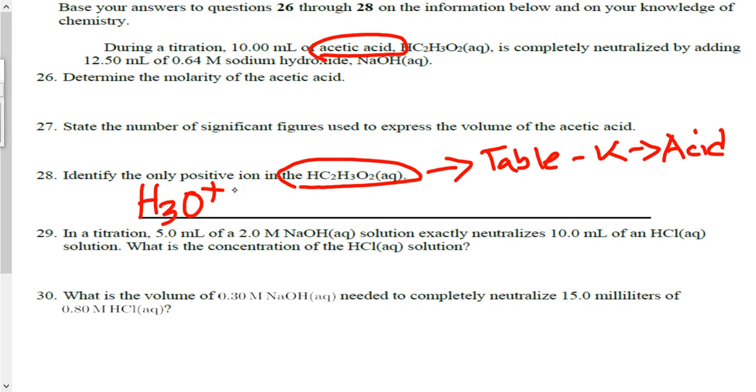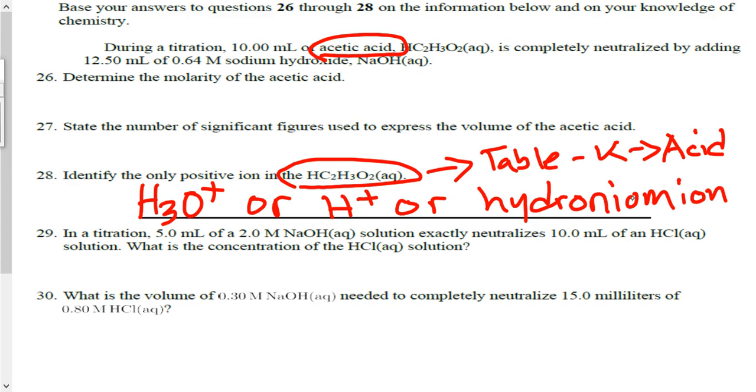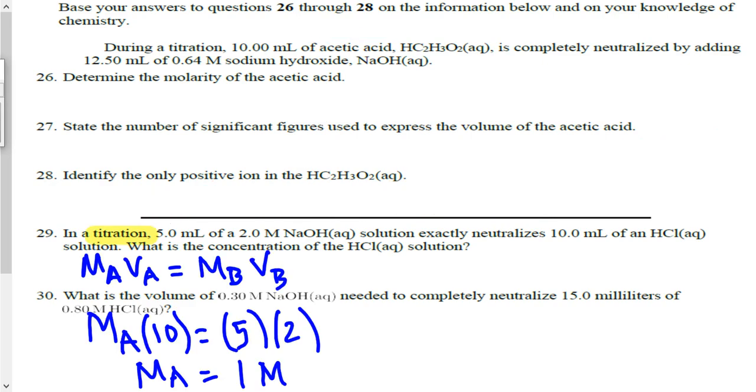So your answer can be H3O plus, or you can simply write H plus, or you can write hydronium ion as well for your final answer. All of these answers are going to be correct.